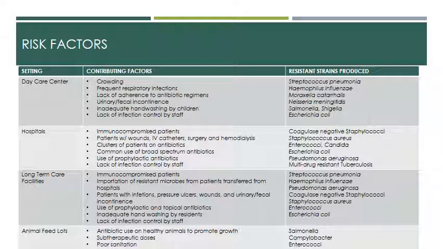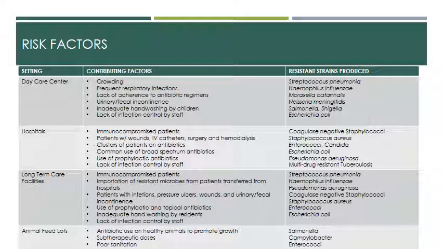In hospitals, we have clusters of people. And in a long-term care facility, we're keeping all the same patients together. And then we're going to throw in animal feedlots sort of as a different group. But for the most part, medically, daycare centers, hospitals, and long-term care facilities. So old folks homes, rehabilitation homes, any kind of long-term care facility, they all have their risk associated with them.